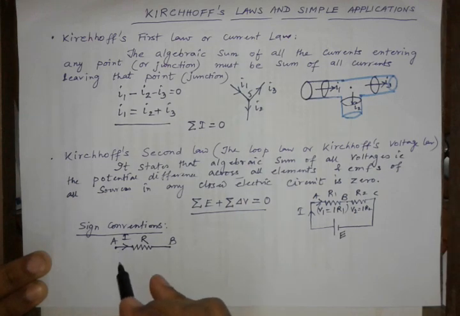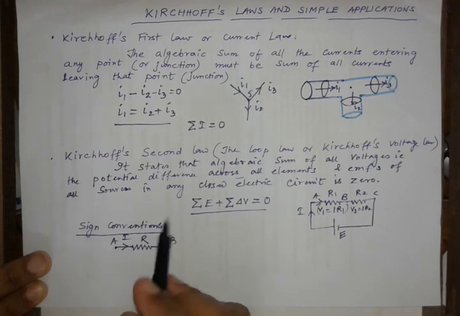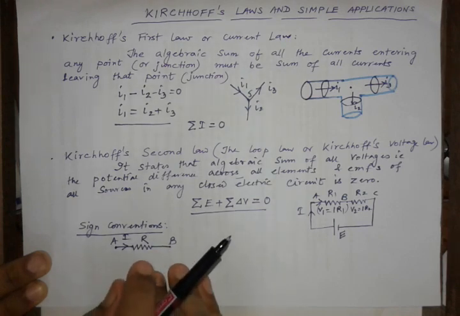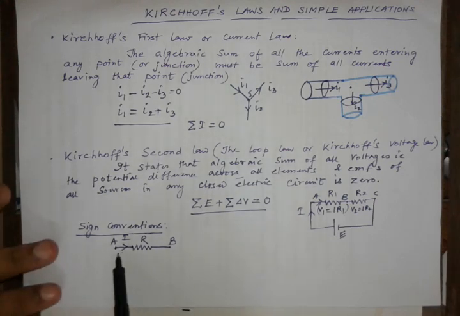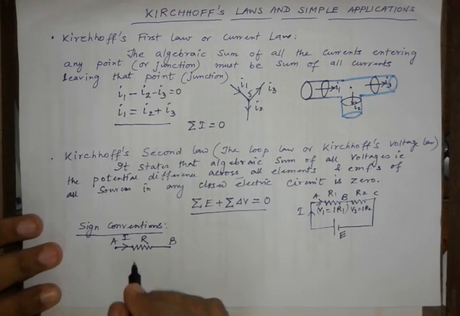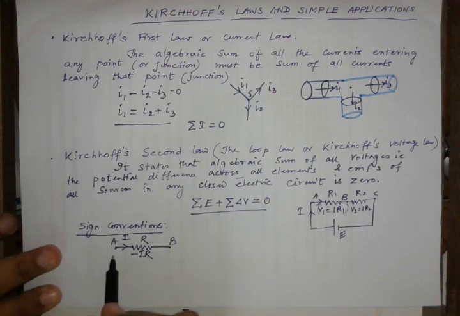So what I told first, if in a given circuit the resistance R is travelled in the direction of the current, from A to B, then here you can write minus IR. So delta V will be minus IR.